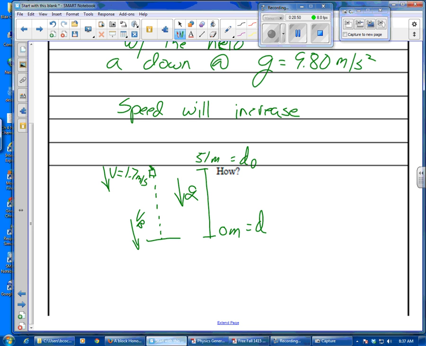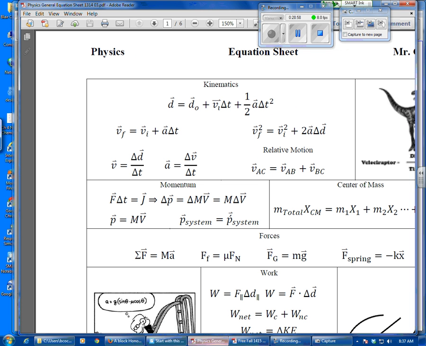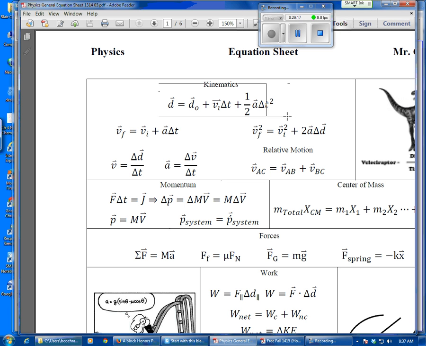So I know a lot about the velocity it starts at, I know it's accelerating, I know where it starts and where it gets to, and so I look at my equation sheet and ask which one of those is about where you get to because of where you started, how you were moving at the beginning, and the fact that you were accelerating for a certain amount of time? The first one, the top one, the main one. That's the one I'm going to grab.